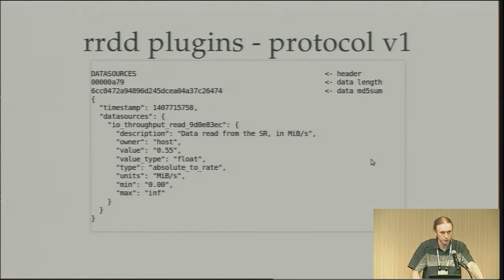And the problem with this was that I've highlighted some of the fields here. This data sources dictionary can change in length. You may be exporting one kind of data point or multiple data points at the same time.